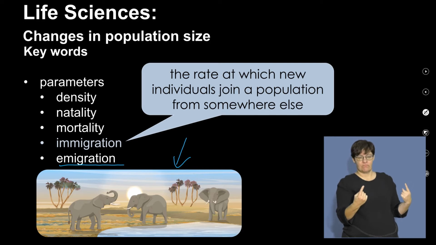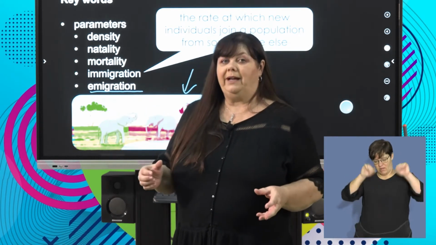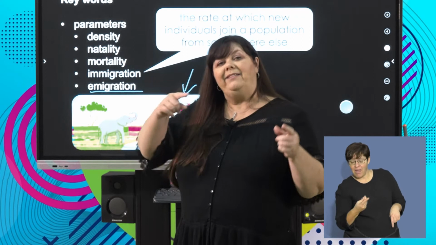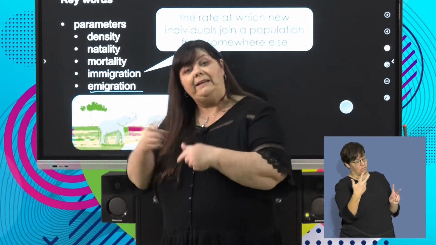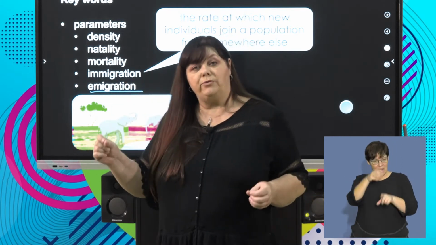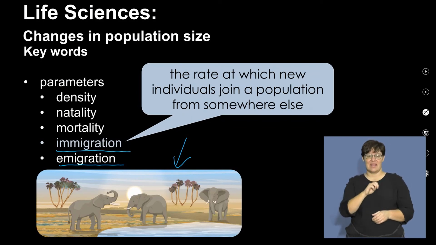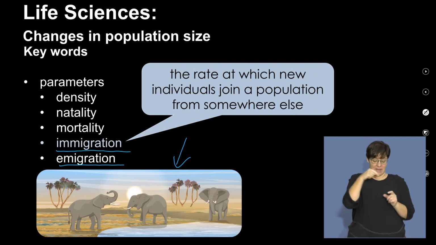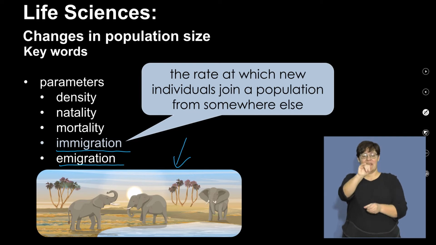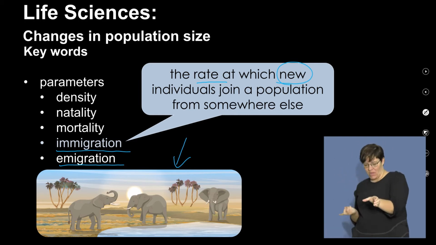It has to leave because it's not welcome there by the other reproductive bulls. And that young bull will leave its own population and join a different breeding population, and then it will be immigrating into that population. So immigration is, once again, the rate at which new individuals join the population from elsewhere.